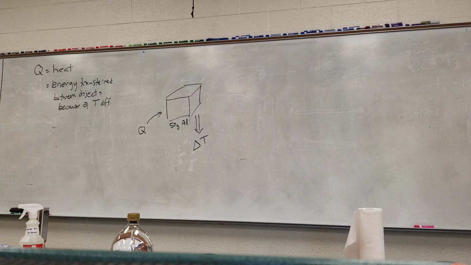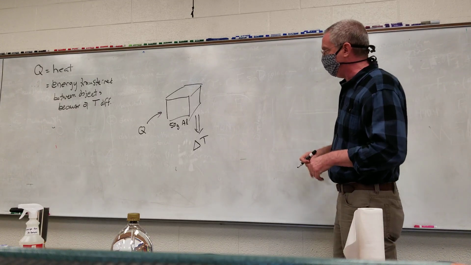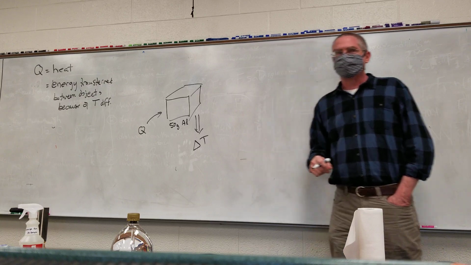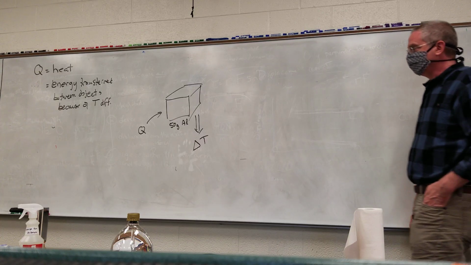In other words, we're getting the particles to move around a little bit faster inside. So a microscopic change in kinetic energy causes a change in temperature. So there should be some relationship between the amount of energy I put in and the change in temperature. The more energy I put in, the greater the change. If I take energy out, I should have a loss of temperature. It should cool down.